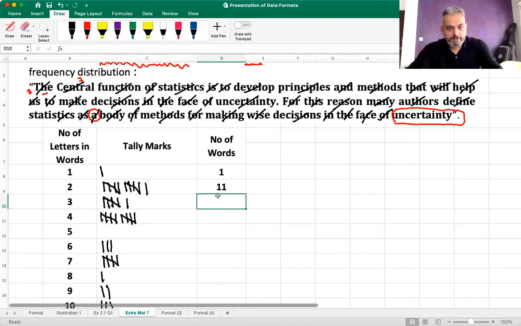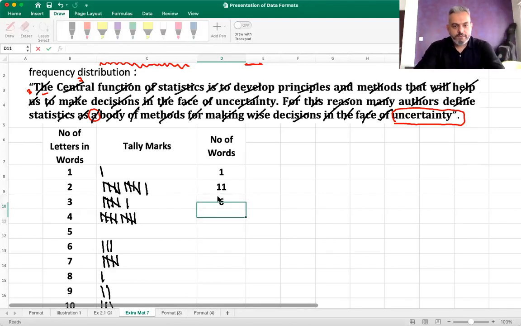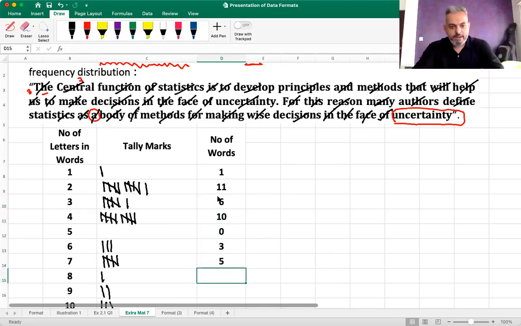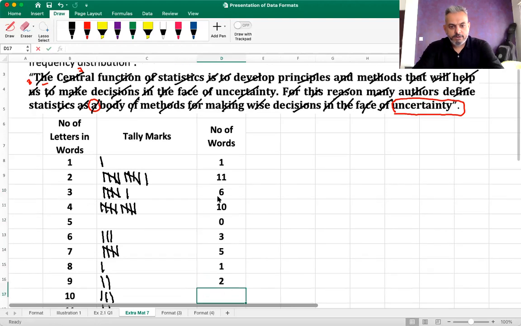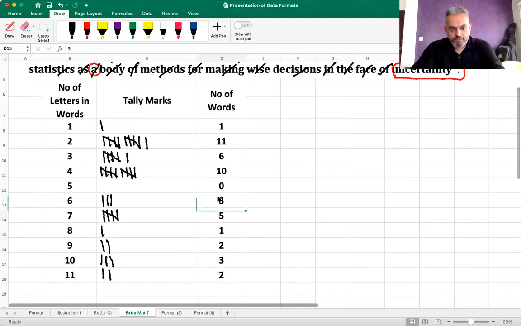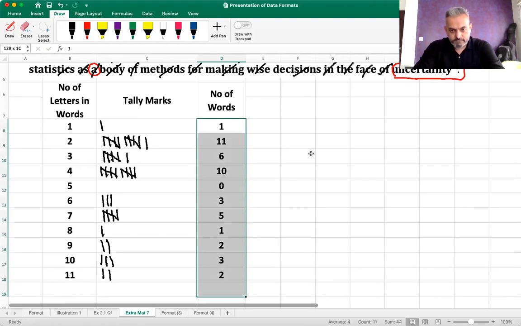Oh, this is 9, 1, 6, then 10, then 0, then 3, then 5, then 1, then 2, then 3, then 2. Now let's check the totals. 44.